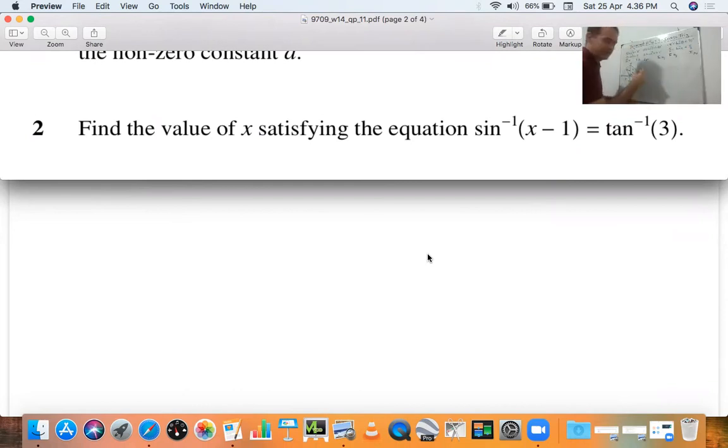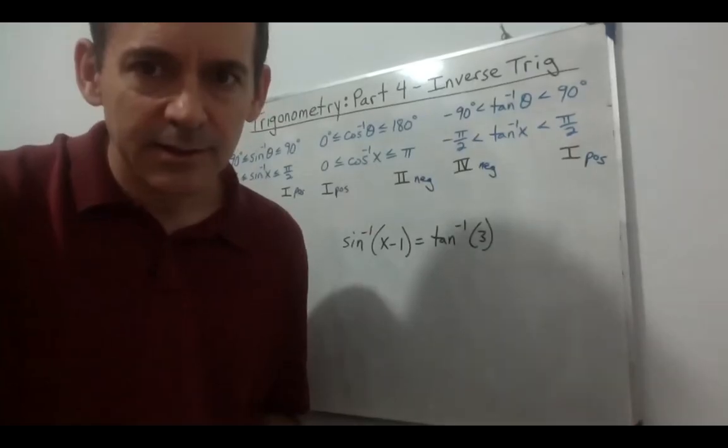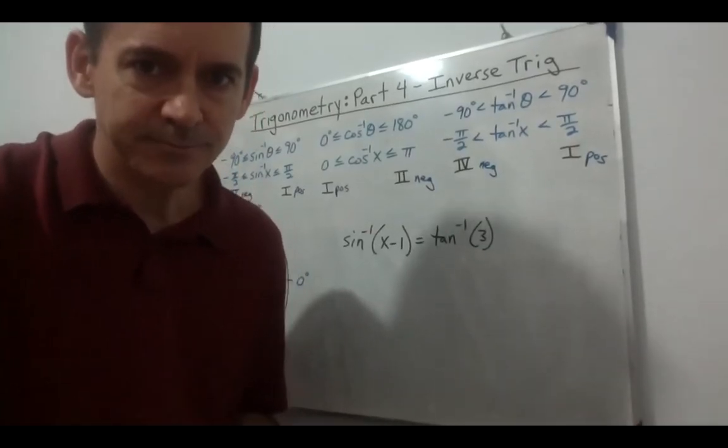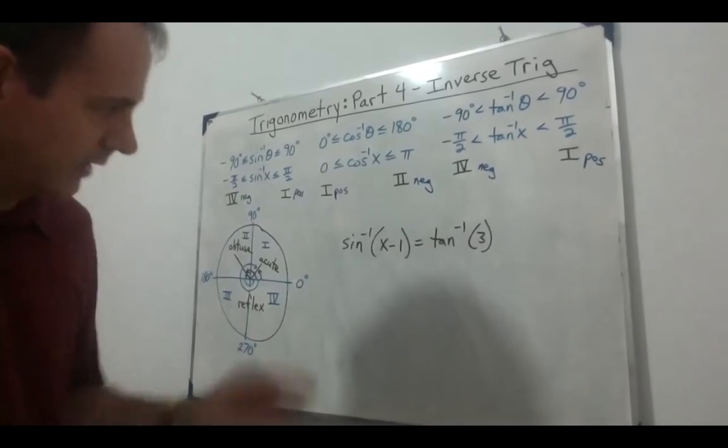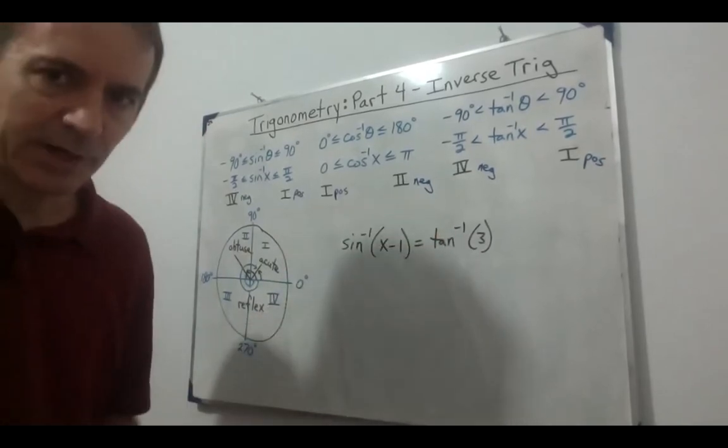We have the negative sine inverse of x minus 1 equals the negative tangent inverse of 3. Here we have 2 inverse functions in this problem.